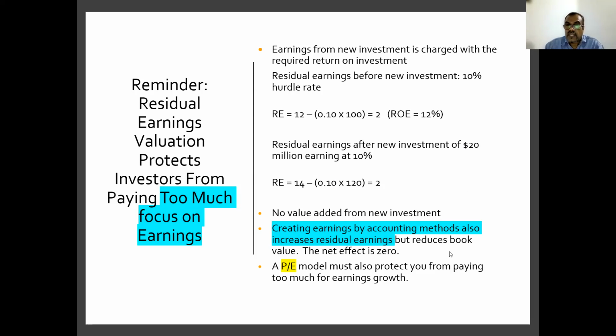So the new investment has not created extra value. Creating earnings by accounting methods also increases the residual earnings, but reduces the book value, so the net effect is 0. So that's what I just told you. Even if you manipulate the book values of investment by increasing the growth, you can do it only in 1 year, but in the following year, it would be matched or cancelled off.